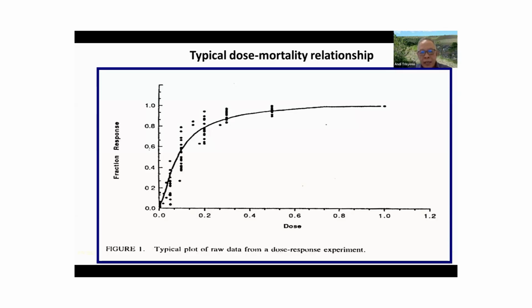So as you can see, the relationship is quite typical, and it's going to be hard for us if we try to fit what kind of relationship has this kind of curve, which is going to be a bit difficult.